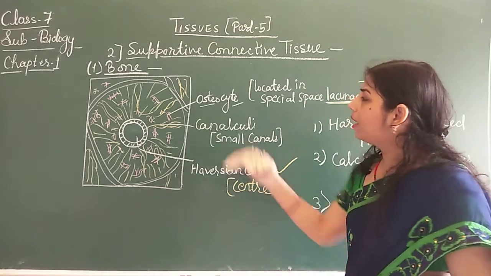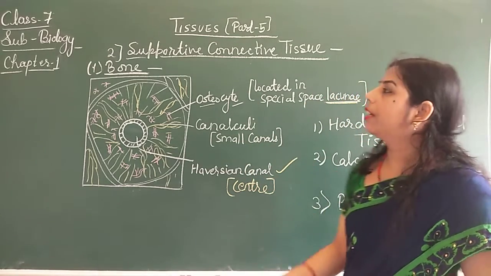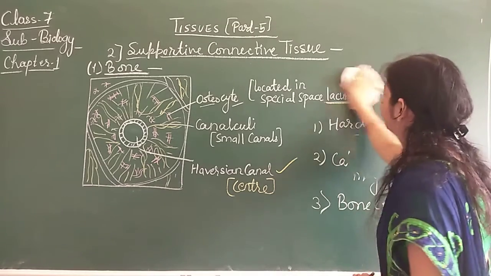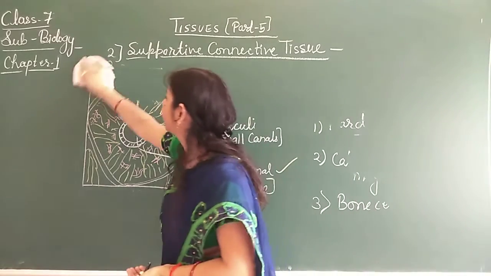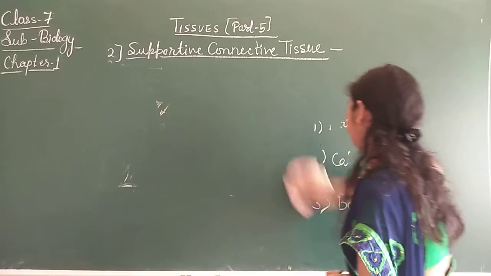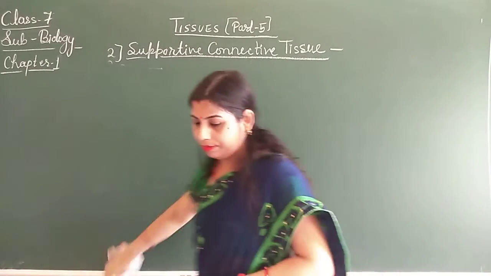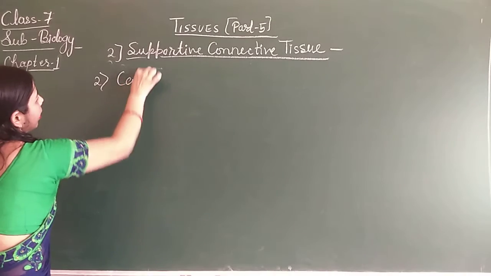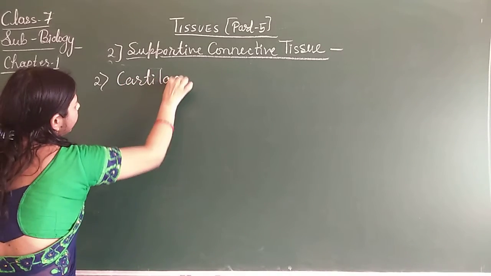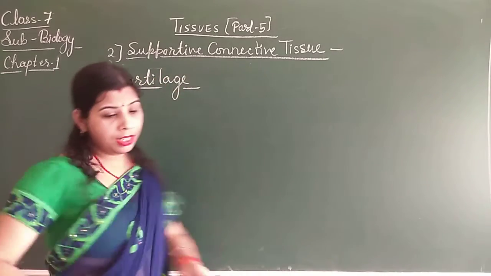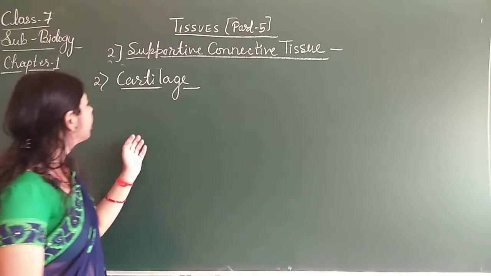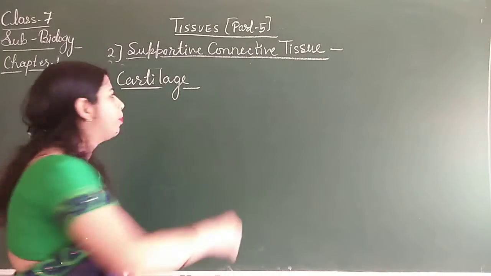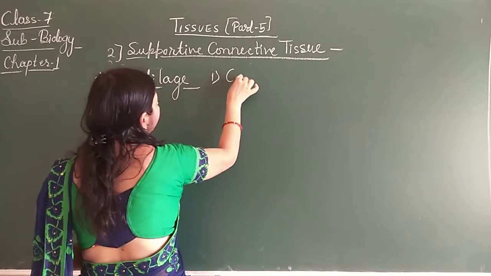Now let's see another supportive connective tissue, and that tissue is known as the cartilage. Cartilage is a flexible tissue made up of special cells called chondrocytes.